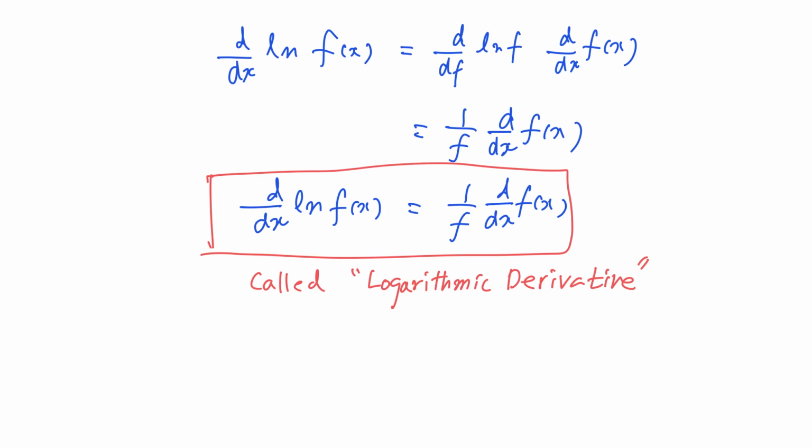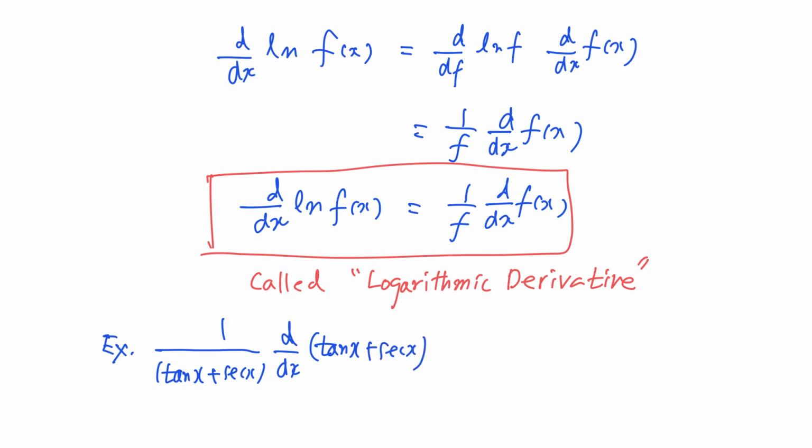It's a good example, right? Tangent x, secant x, d/dx of tangent x plus secant x. This is nothing but d/dx of ln of tangent x plus secant x, which is 1 over cosine x.